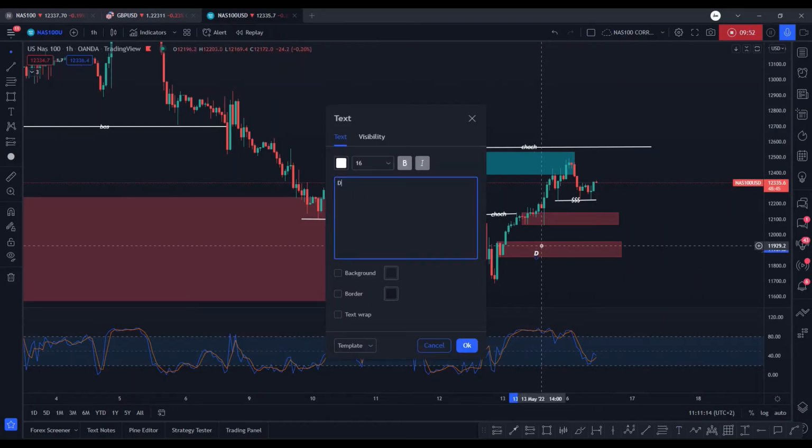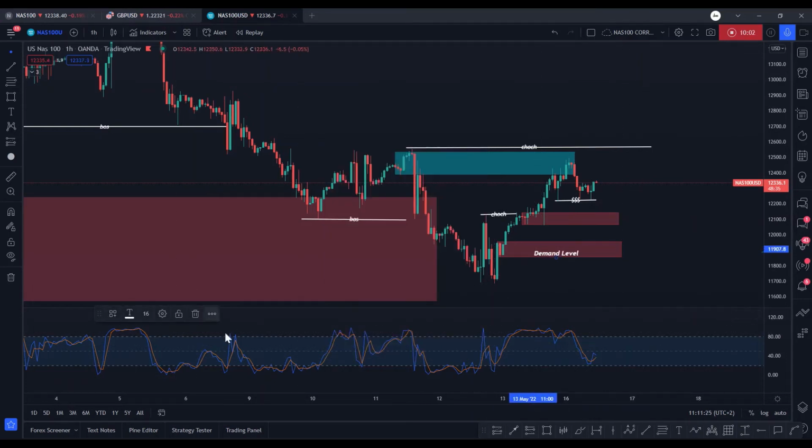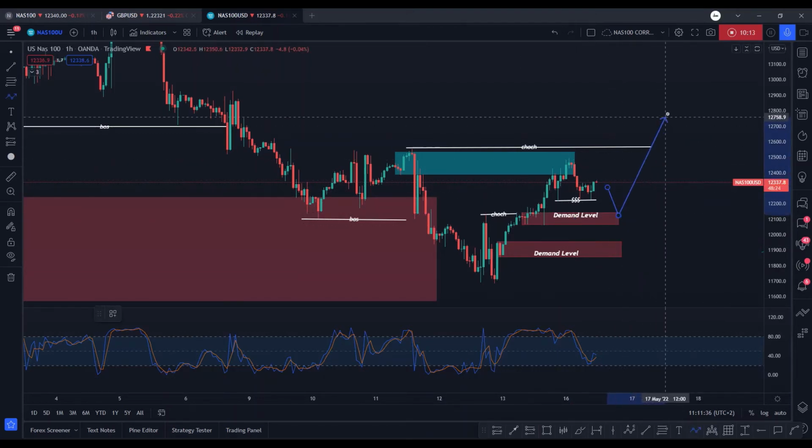So this is my first demand level, and then we have the second demand level at this point, right? We might see something like this where price grabs this liquidity down here and then continues to the upside, or it continues until this base and pushes upside.